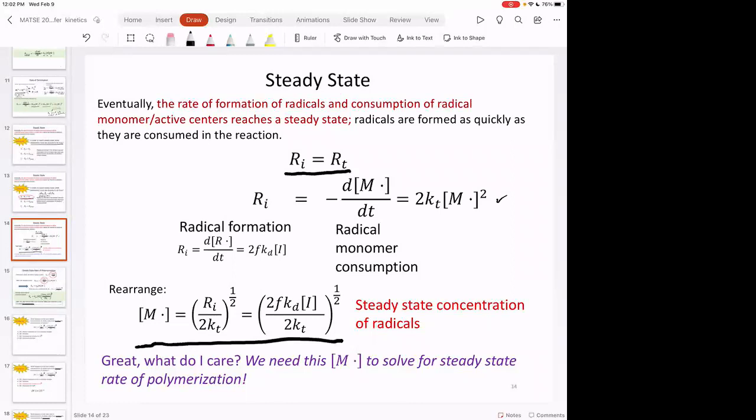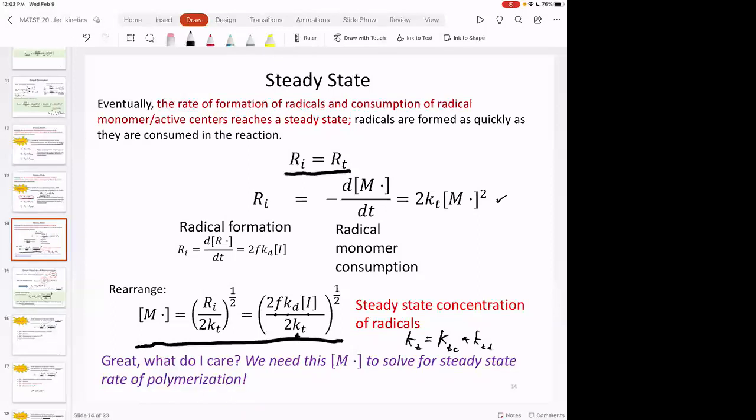You don't have control over the radical concentration unless you're able to know all these different variables: the initiator concentration, the dissociation constant of the initiator, efficiency, and then the overall KT. Remember, KT equals K termination by combination plus K termination by disproportionation.